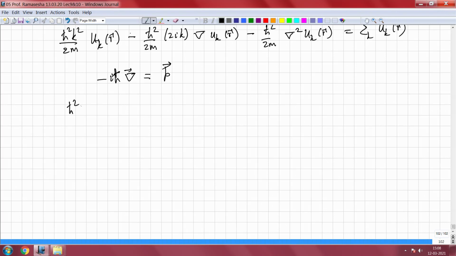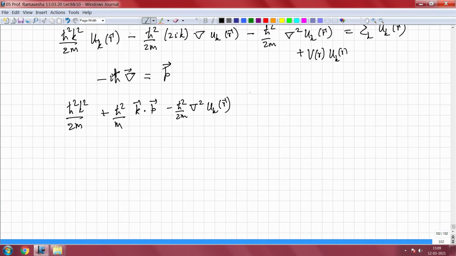So, I will have h cross squared k squared by 2m, and the cross term becomes plus h cross squared by m k dot p, because the minus i goes with the definition of the momentum operator, and the last term is minus h cross squared by 2m del squared u k of r, plus V of r u k of r, is equal to E k u k of r.